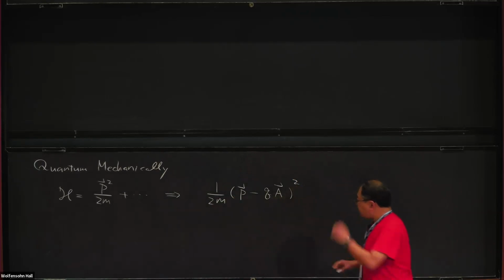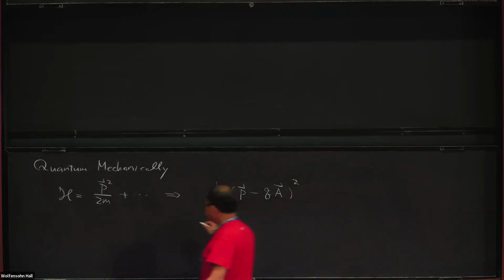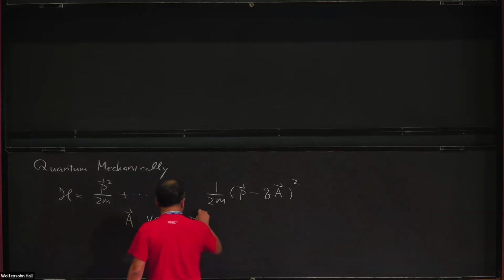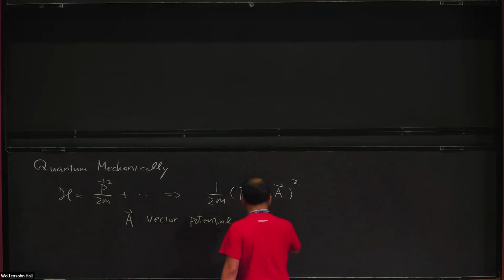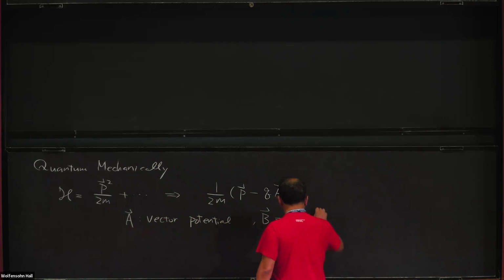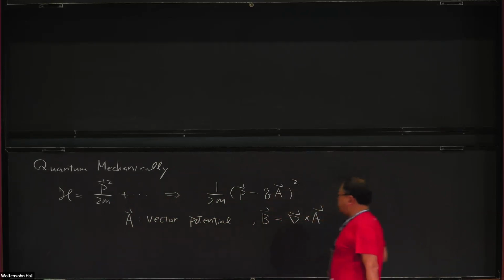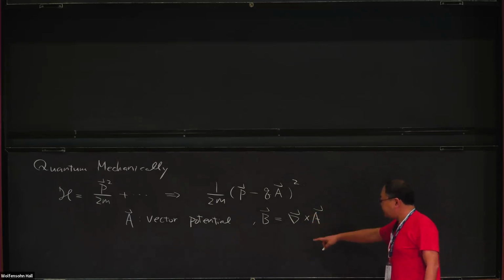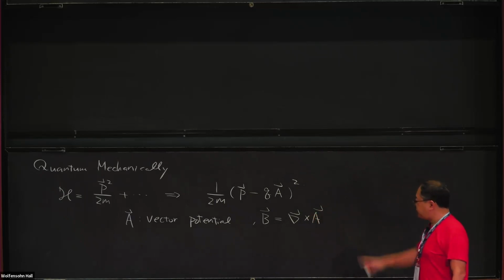And this A is a vector potential. The magnetic field is related to the vector potential by the rotation of A, which should match the magnetic field.